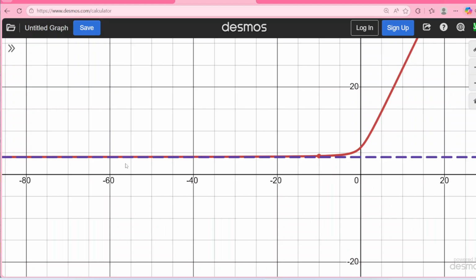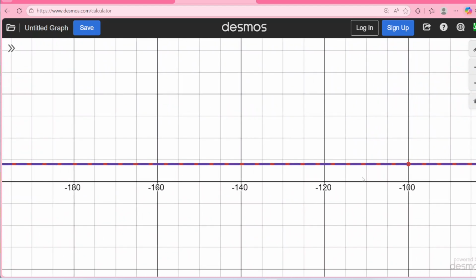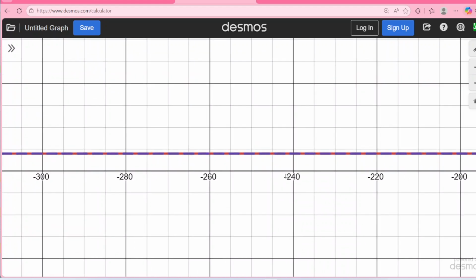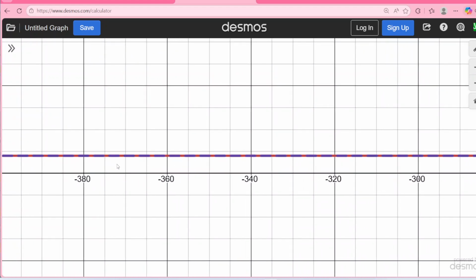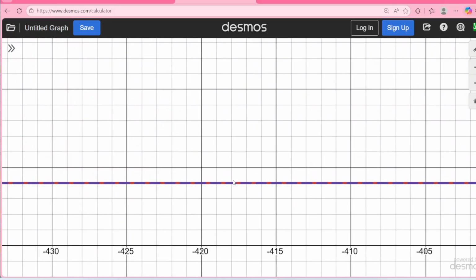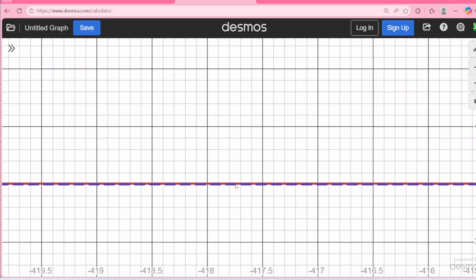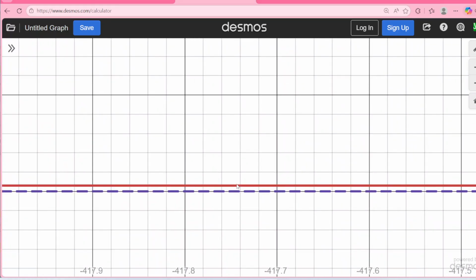In fact, if you zoom out enough, they almost look like they're right on top of each other. I'll keep going further and further left. Zooming in, it's not exactly 4, not quite, but the further left I go, the closer the graph gets to being that line y equals 4.